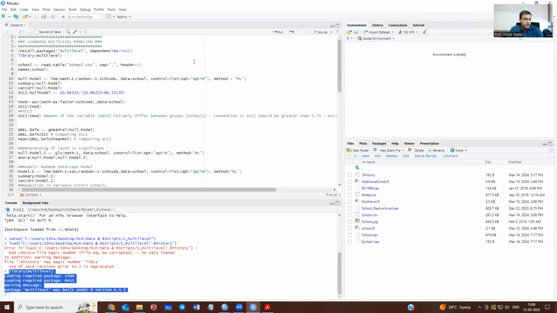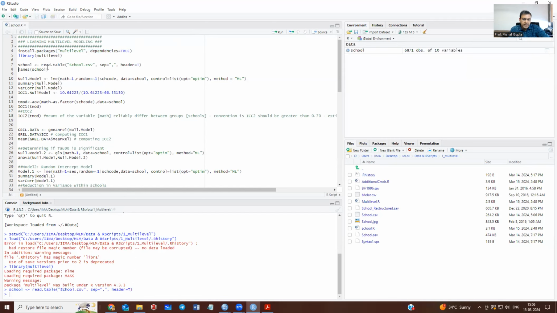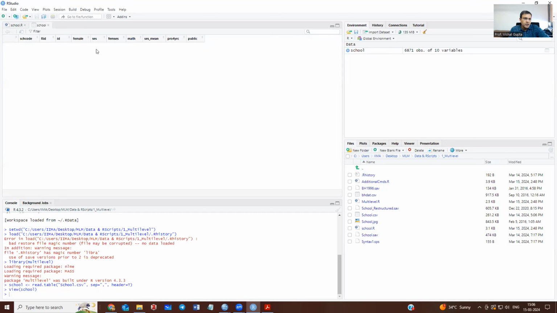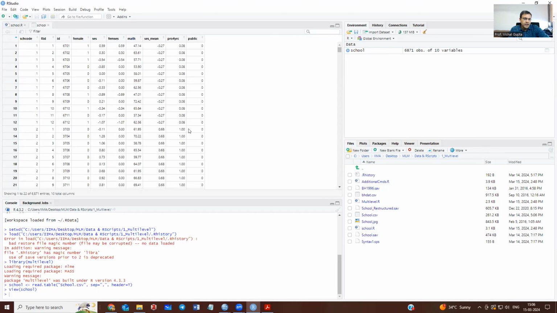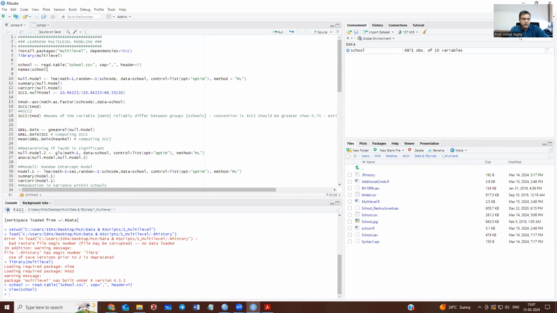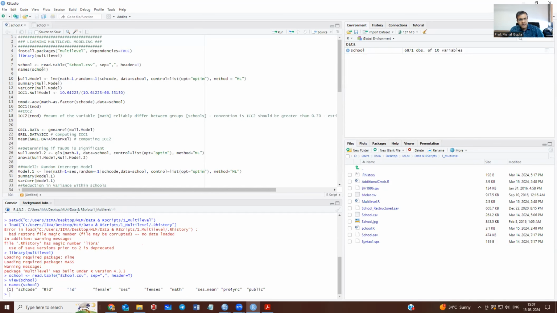Now, line number 7, I am reading my school data set. So the school data set has been read, 6,871 observations. If I click on school, you will see this data opens up, right? So this is the data set that we are going to use. Names schools just gives us the names of the variables that are there.